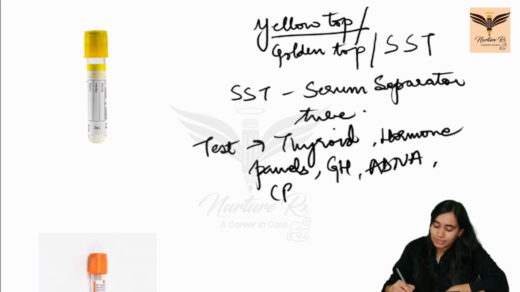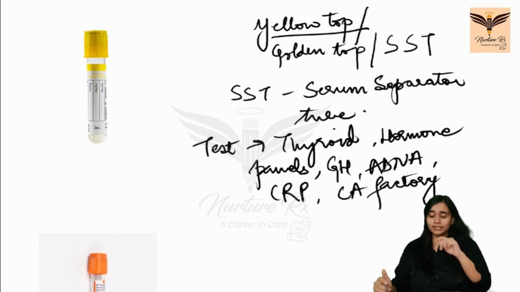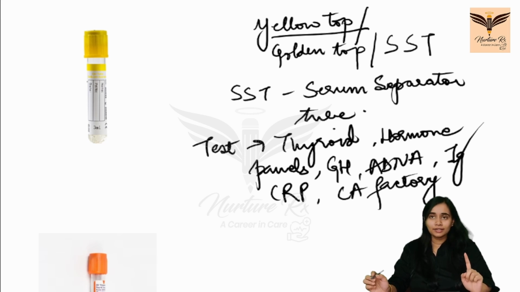Then also CRP, and you've heard of CA markers, mostly seen in ovarian cancer. All of these, and one important is the immunoglobulins. The quantification of immunoglobulins is done in this tube too.